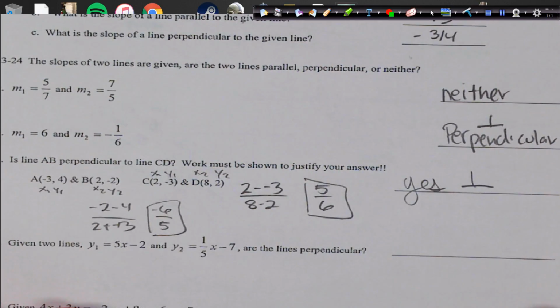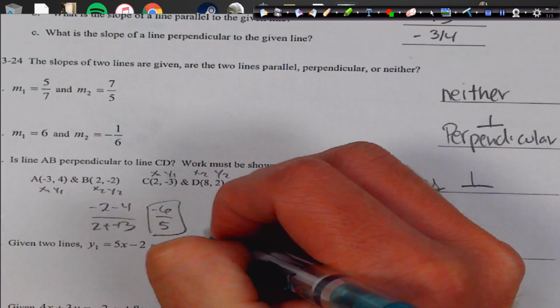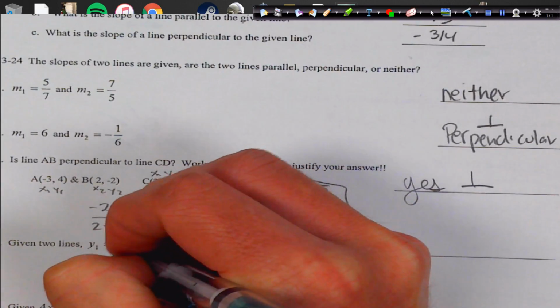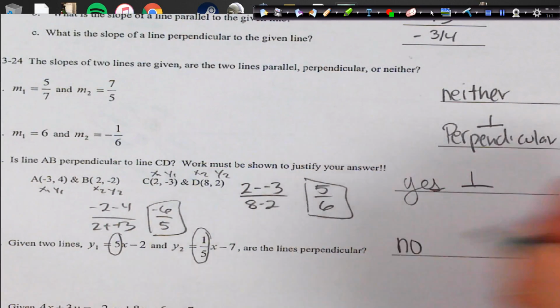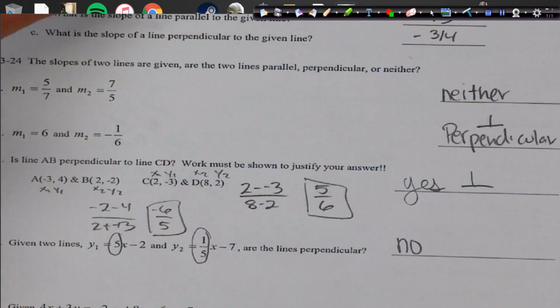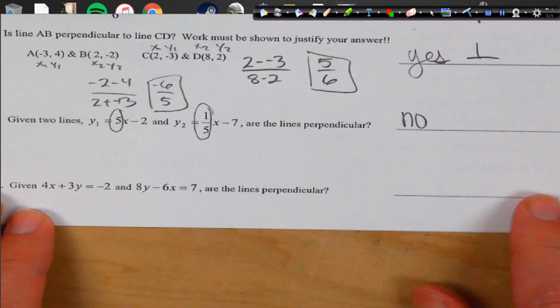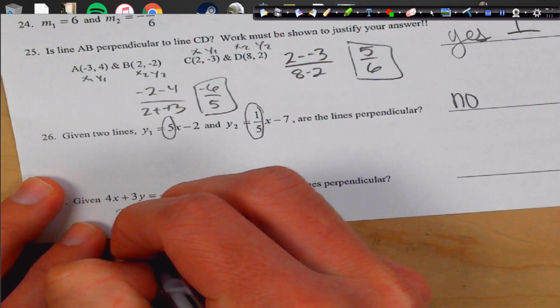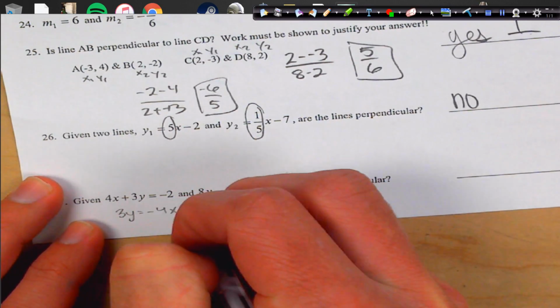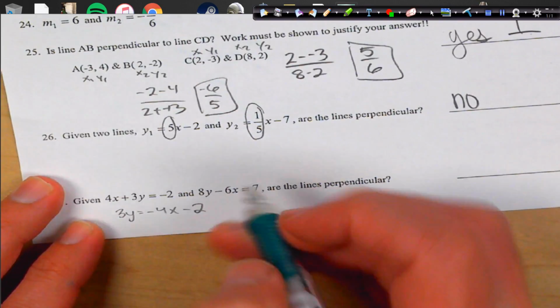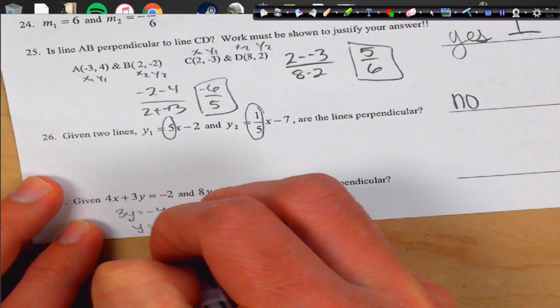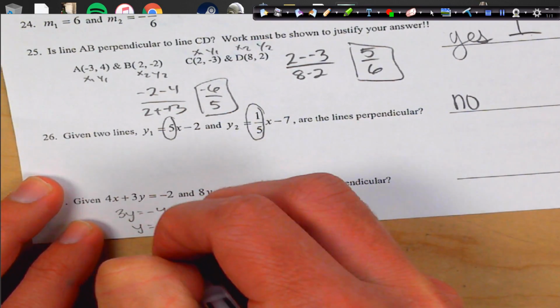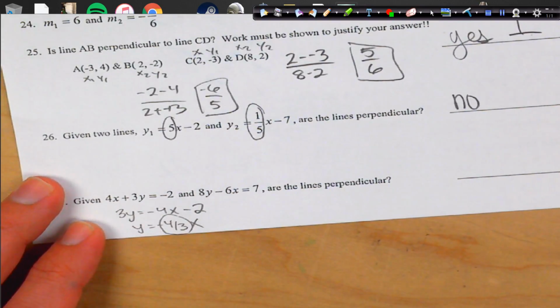Given the two lines, are they perpendicular? I have my slope of 1/5 and my slope of 5. No, they are reciprocals, but they are not opposite. And are these lines perpendicular? We have to solve for y, so I'm going to subtract the 4x and divide by 3. And I just care about the slope there, so I don't even have to worry about the last part.